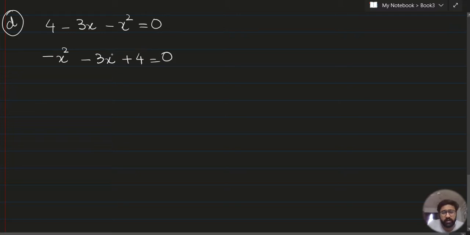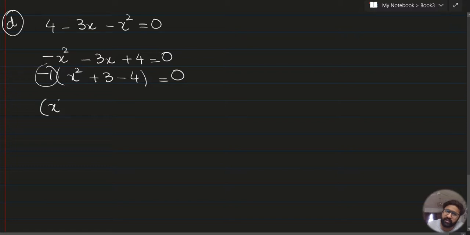Now what I can do is we can take minus 1 as common, so the equation becomes a little more simpler. This minus is being multiplied, it will go there and get divided, and 0 divided by any number is going to give you 0. So we can write this equation as x square plus 3x minus 4 is equal to 0, because 0 divided by minus 1 is definitely going to give you a 0.